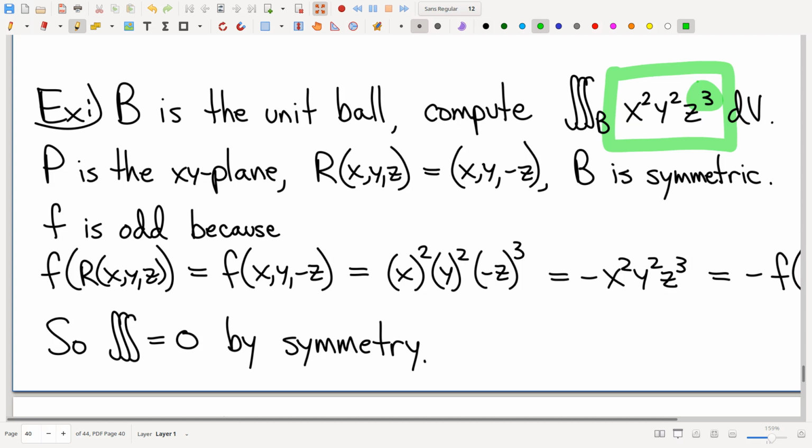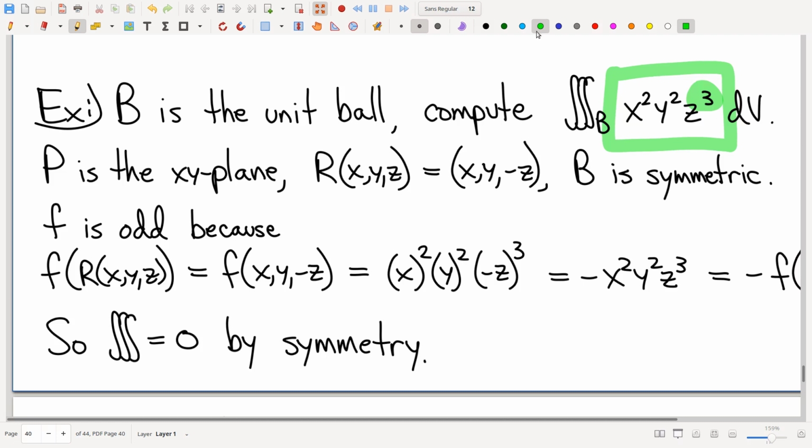So then I thought, okay, what kind of a reflection would allow me to capitalize on this odd power of z? Well, I would need a negative sign to go into where the z is so that negative would get cubed and remain negative, and therefore I have my oddness, right?